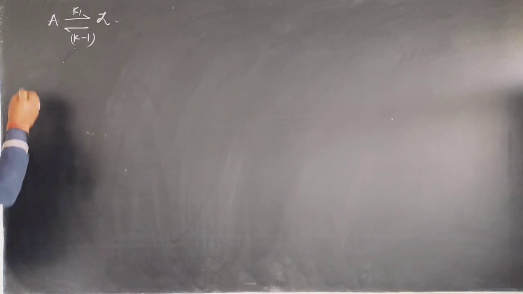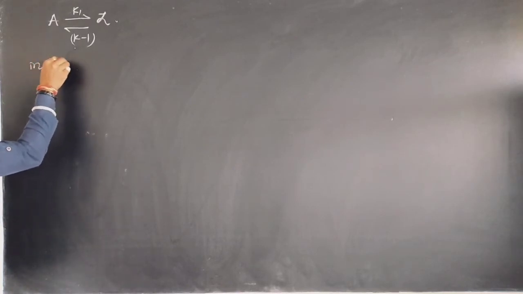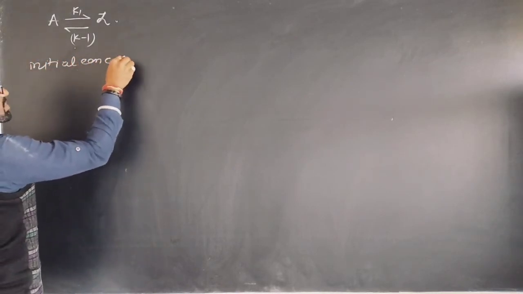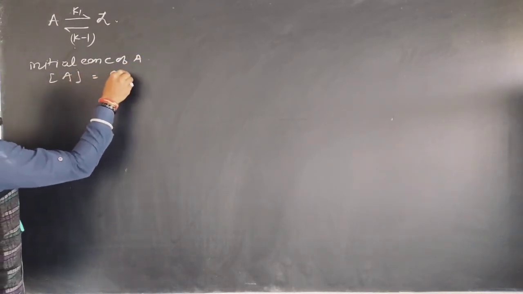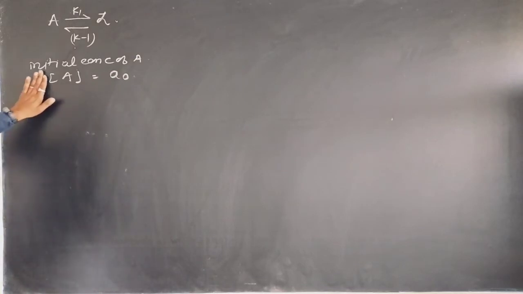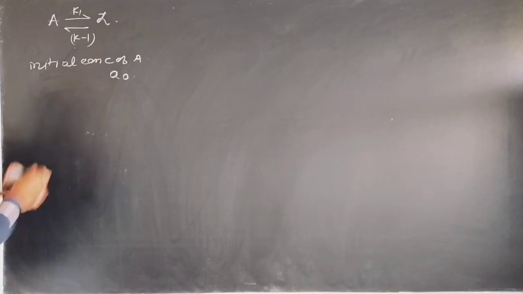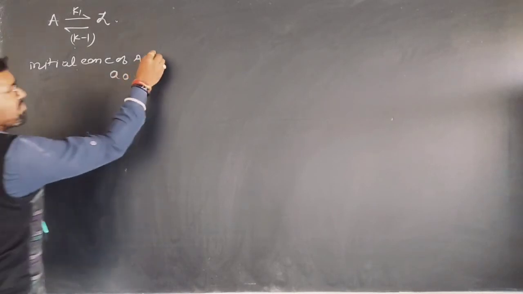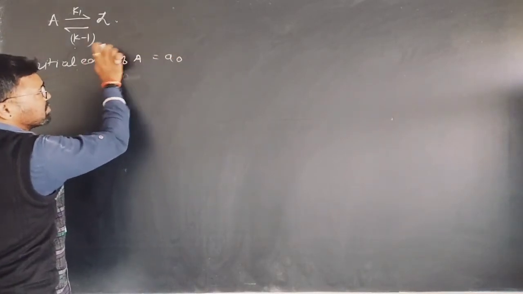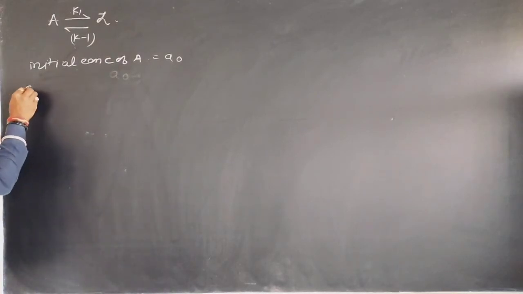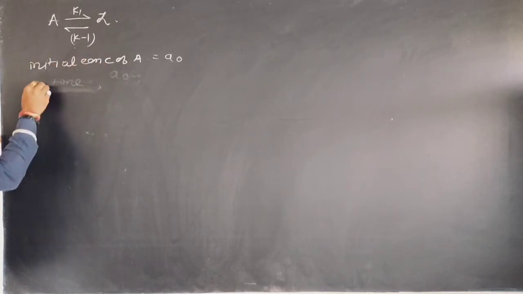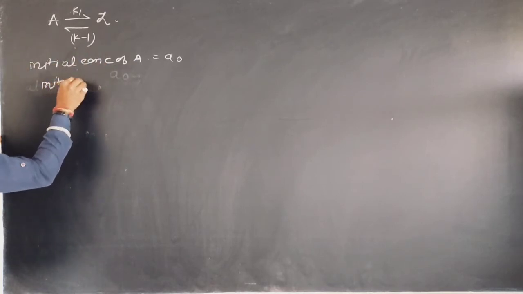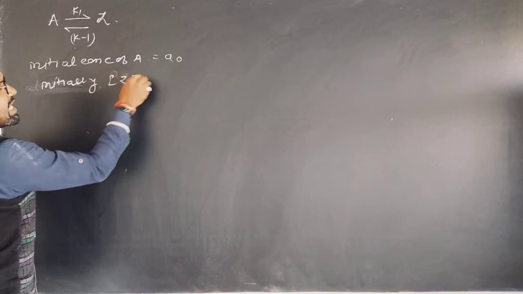Consider the initial concentration of A is equal to A0. Initially, the concentration of Z is equal to 0.